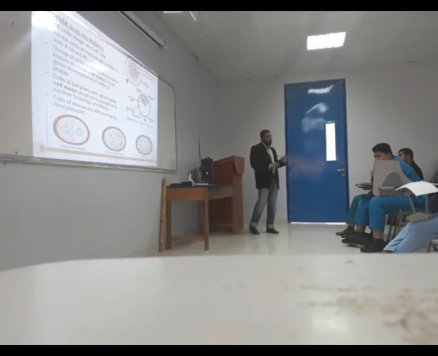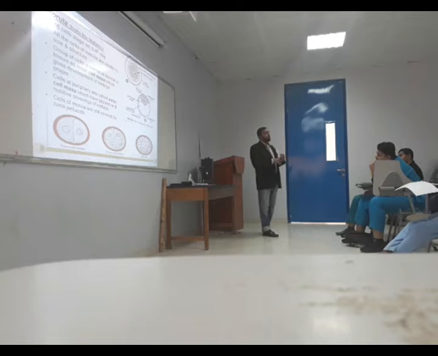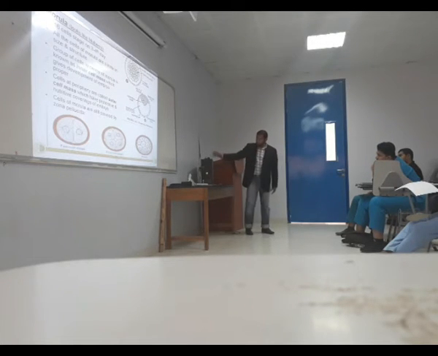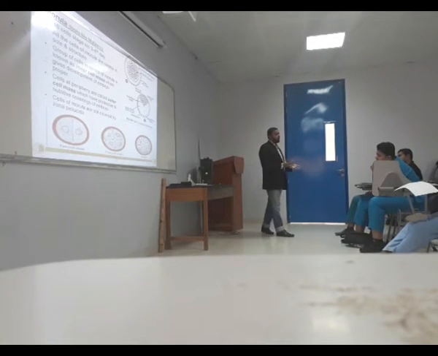What is the importance? Why are they differentiating? Because the outer cell mass will later form the trophoblast, which is mainly protective as well as giving nutrition to the embryo. Then what happens to the inner cell mass? This inner cell mass will develop into the actual embryo.